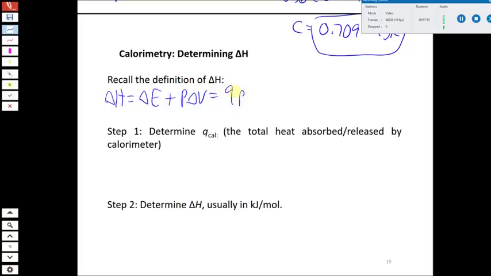So in a constant pressure calorimeter, if we measure heat for some sort of chemical reaction that's happening, that will directly give us delta H. Okay? So delta H will be directly measured by a constant pressure calorimeter.